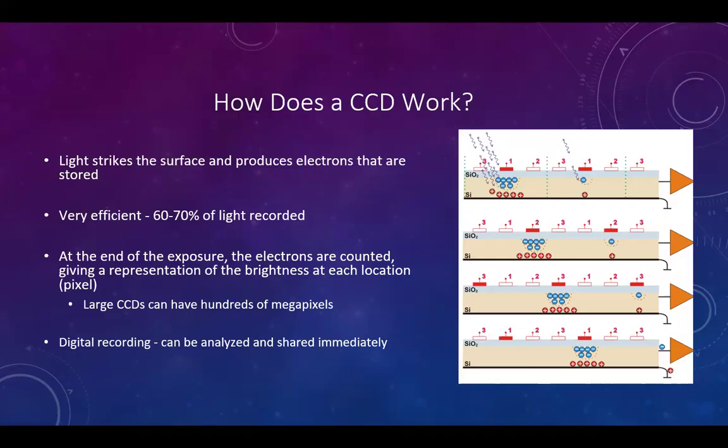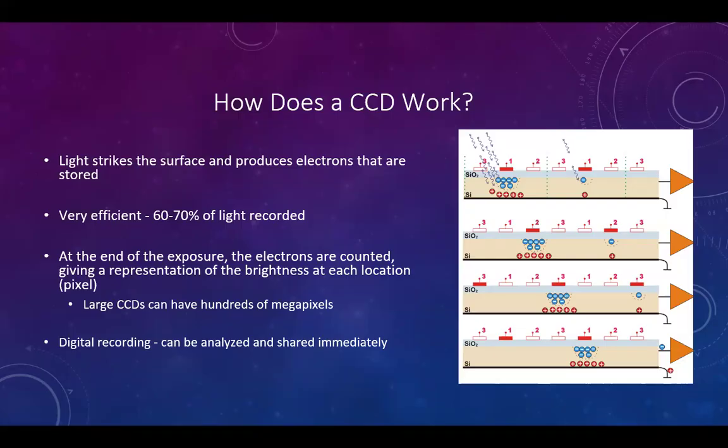This is very efficient. 60 to 70% of the light gets recorded. And at the end of the exposure, the electrons get counted, giving a representation of the brightness in each location. Each pixel.